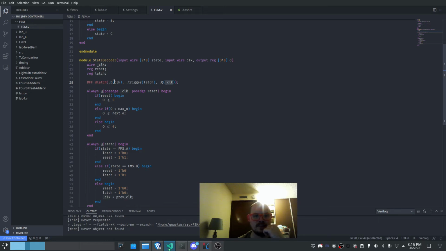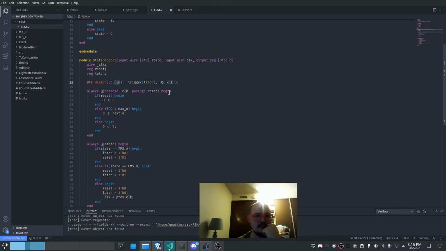So I'm able now to save the previous state of clock by pulling the latch low. That will set the output of Q to be the previous D, which is in this case the previous clock. So that way I'm pausing the clock.